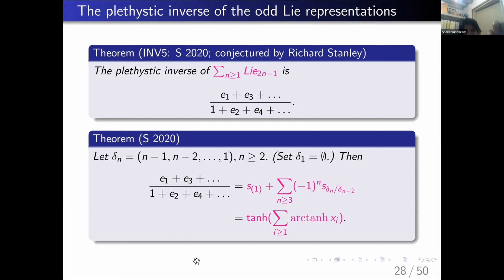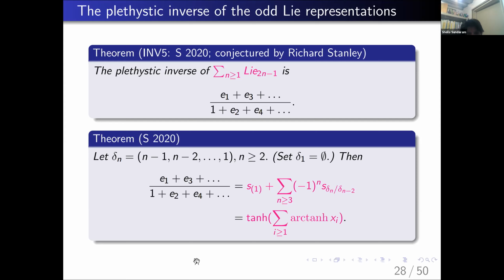But this is Richard. So the way he conjectured this is by taking what he called the exponential specialization. It's in EC2, right? And then, just in terms of ordinary generating functions, you get a nice compositional inverse formula. So the theorem is, I was able to prove this theorem, right?